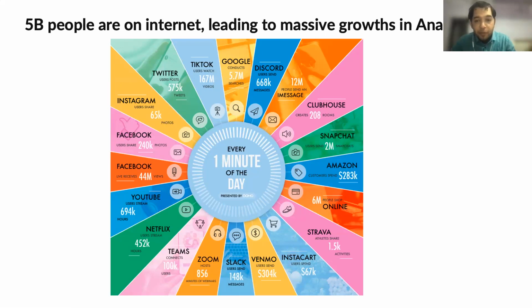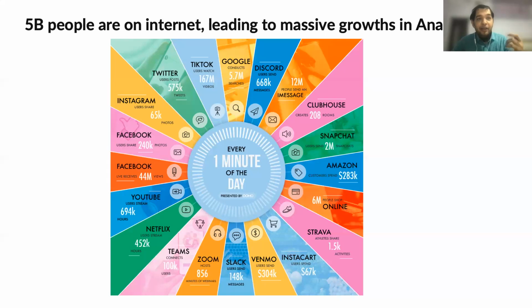You go to Instagram, you post an image, that's data for Instagram. You go on LinkedIn, you look for a job post, data is getting generated. You go on Snapchat, you maintain a streak, it's data that is getting generated. You are on Zoom, this Zoom meeting that is happening, again, tons and tons of data is getting generated.